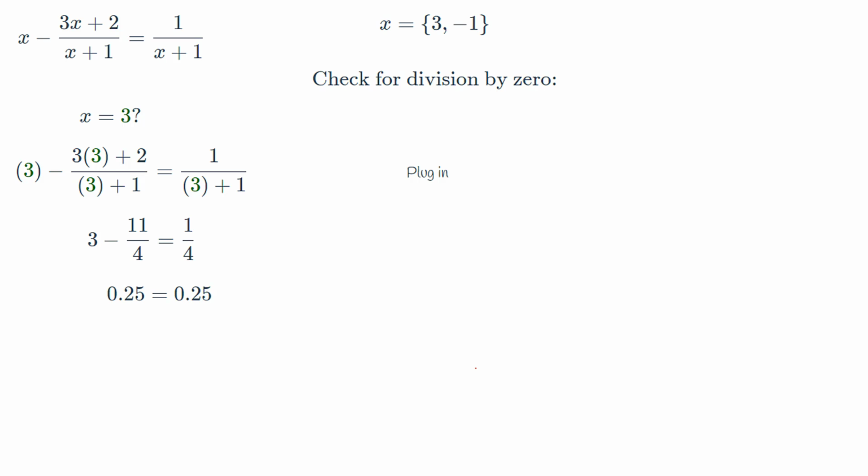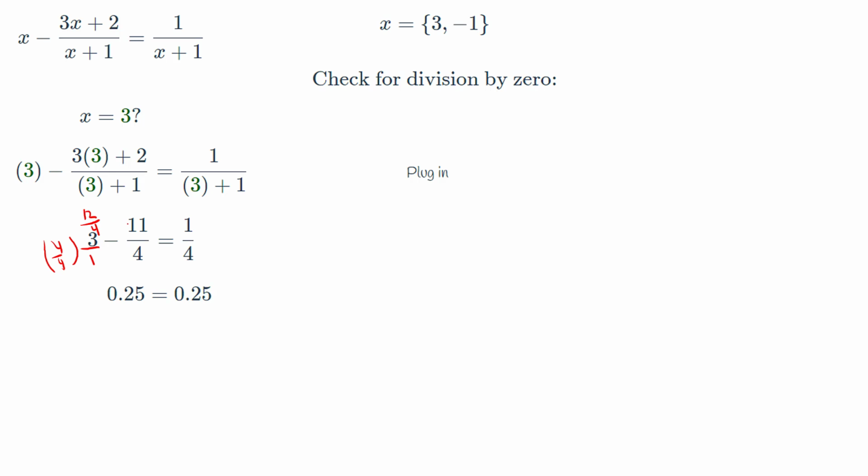Now you can do this as well if you don't have a calculator or you don't want to use a calculator. Again, remember, this is 3 over 1, right? So if we want to make it a 4 down here, you multiply this times 4 over 4, which would give you, for this fraction up here, 12 over 4.